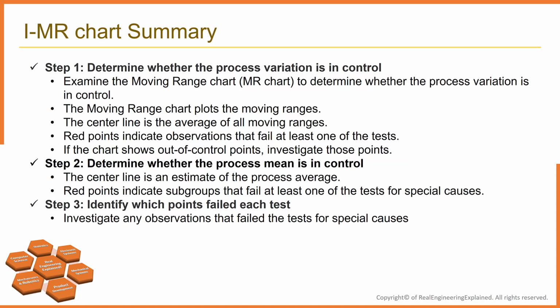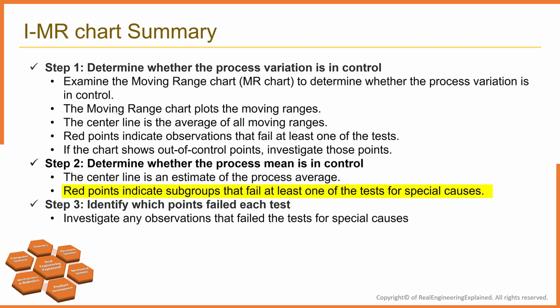Step 2. Determine whether the process mean is in control. The individual chart, I chart, plots individual observations. The center line is an estimate of process average. The control limits on the I chart, which are set at the distance of the 3 standard deviations above or below the center line, show the amount of variation that is expected in the individual sample values.